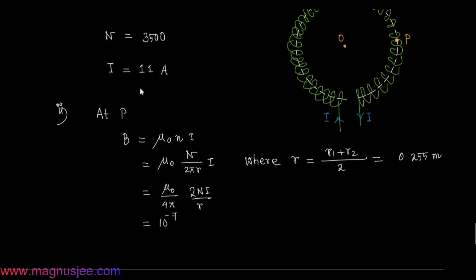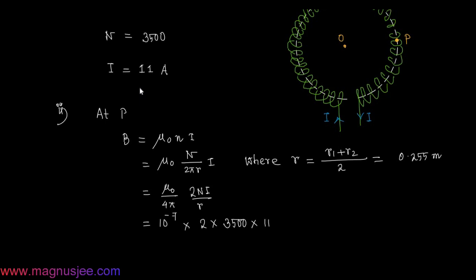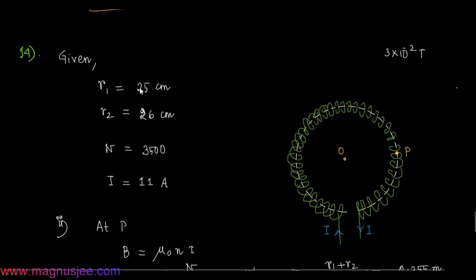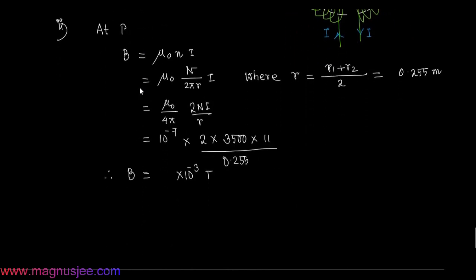In place of mu 0 by 4 pi, you can write 10 to the power minus 7, into 2 into 3500 into 11 divided by 0.255. Finally, we get the value of magnetic field induction B, or magnetic flux density B, at the point P on the circular axis of the toroid.